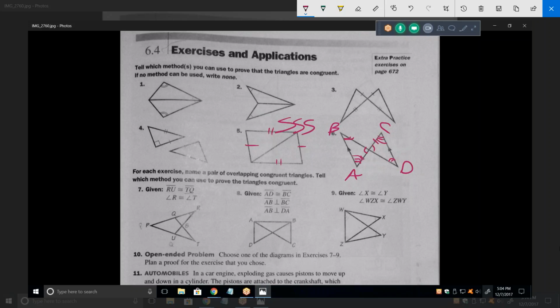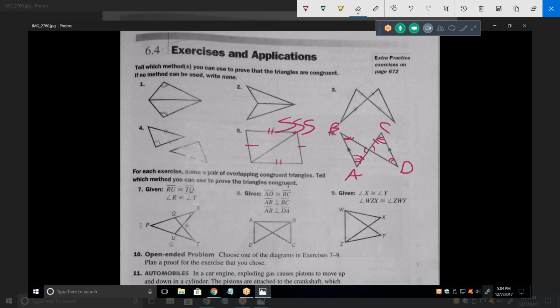Remember, when you have two parallel lines and a transversal, it's 1 equals 6. Well, picture this as the two parallel lines with the transversal. A and C are alternate interior angles. Okay. So now that we have that, what theorem?